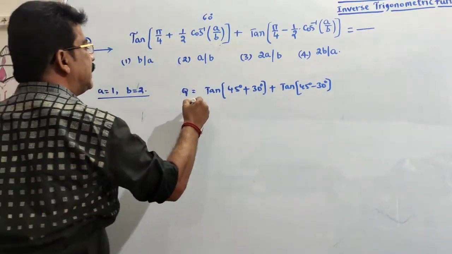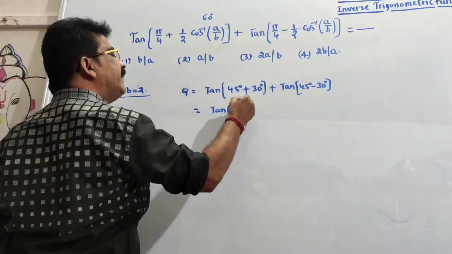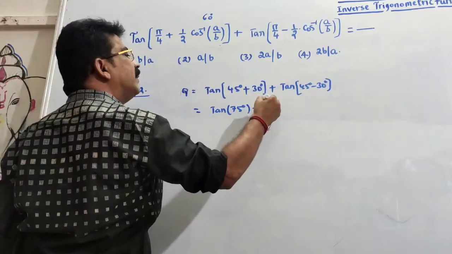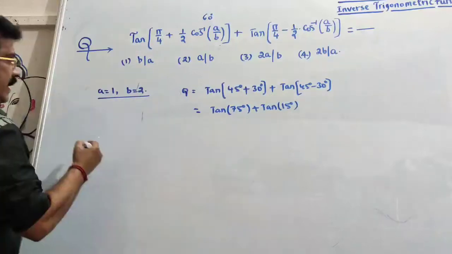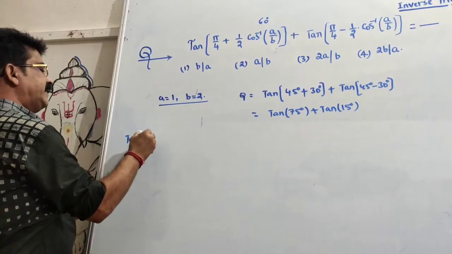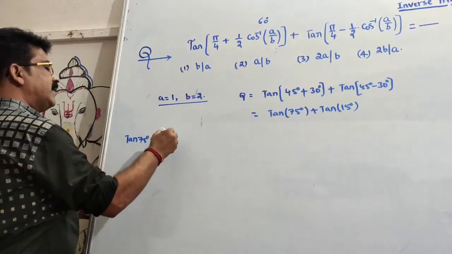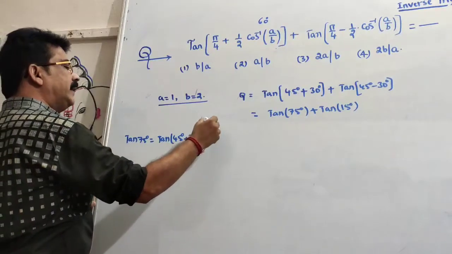So that is nothing but tan of 75 degrees plus tan of 15 degrees. So therefore, rough work: tan of 75 degrees equal to tan of 45 degrees plus 30 degrees.